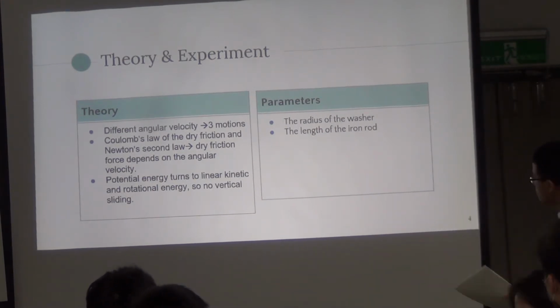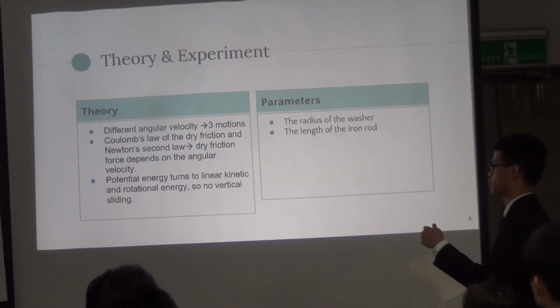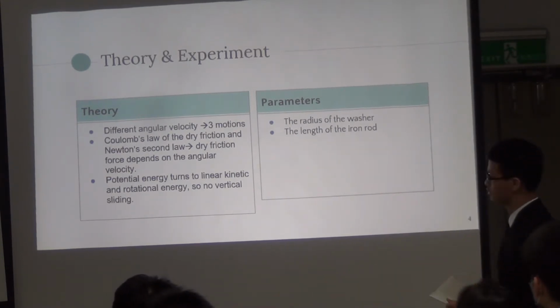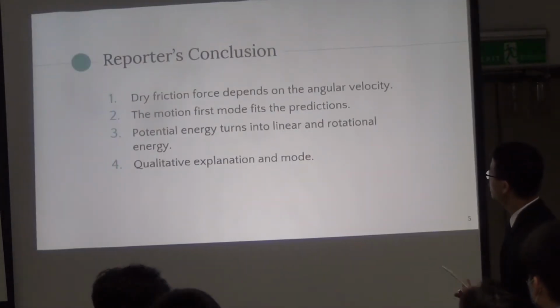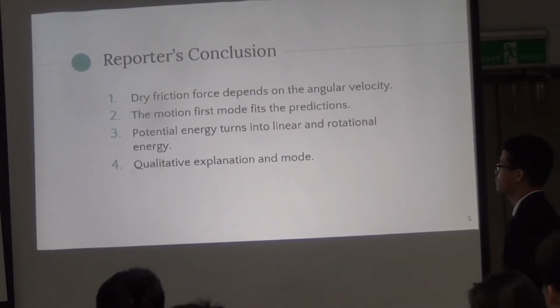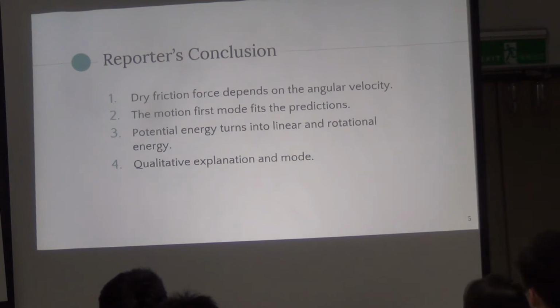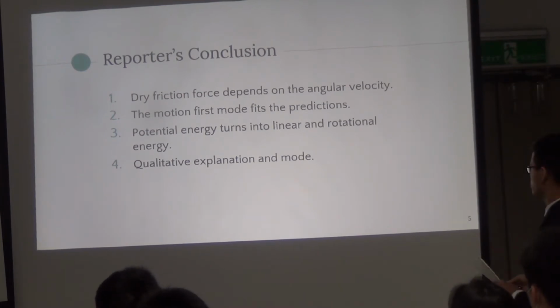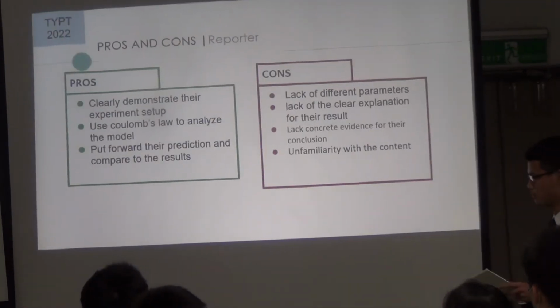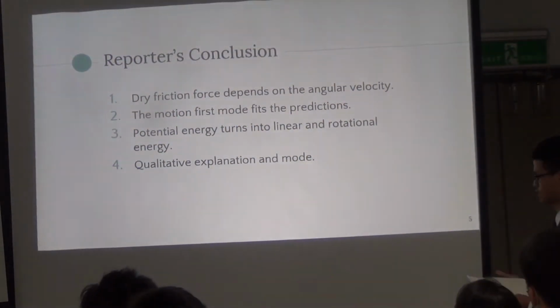The parameters they use are the calculated radius of the washer and the length. The conclusion is that the dry friction force depends on the angular velocity, and the motion fits the predictions of the formula. The potential energy turns into linear and rotational energy.